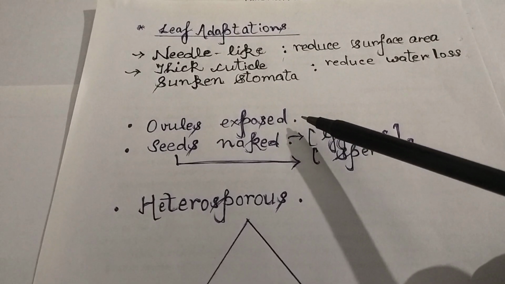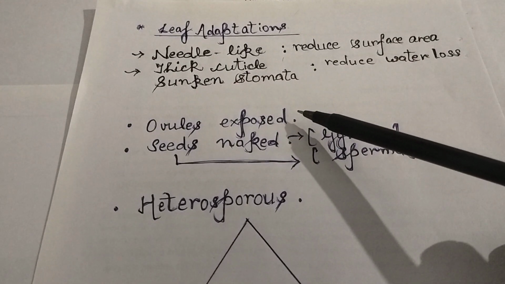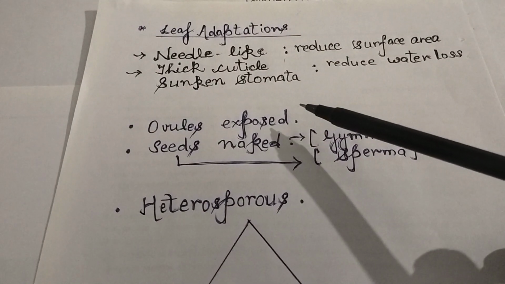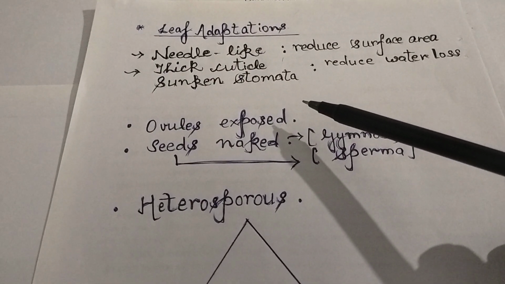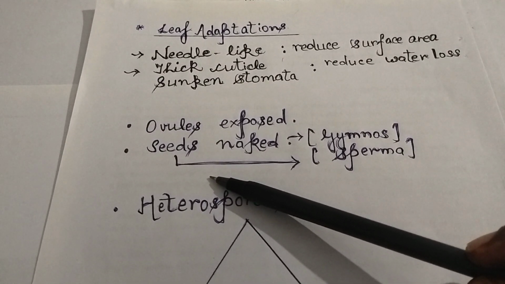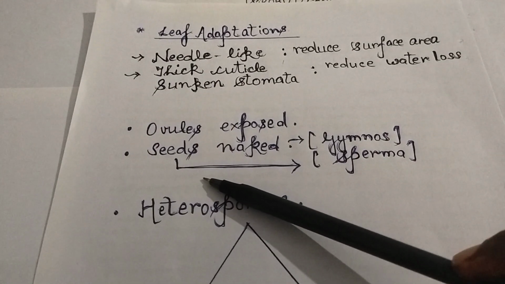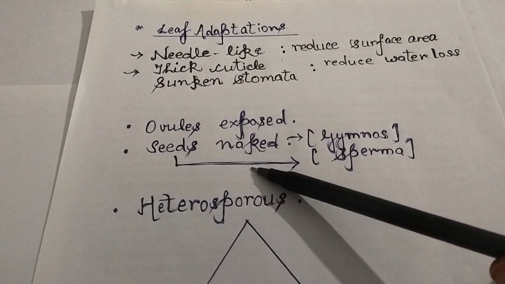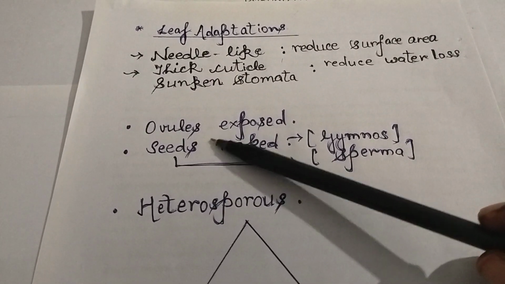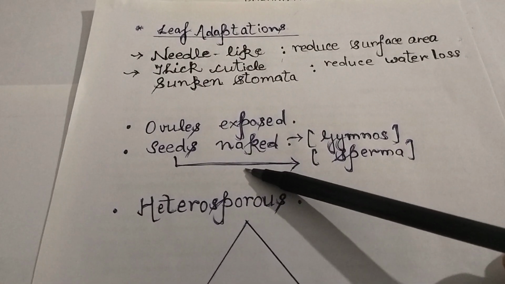That means they are not enclosed by any ovary wall and remain exposed both before and after fertilization. The seeds that develop post fertilization are also not covered. The seeds are naked. Means the ovule is not covered by any wall. It is exposed, and the seeds are not covered. They are naked.